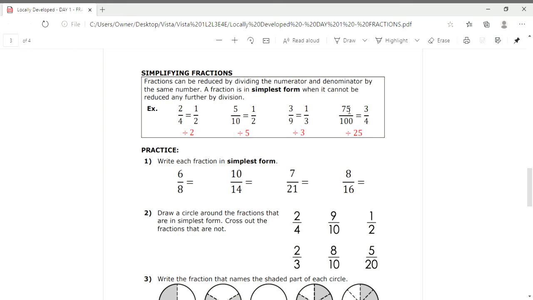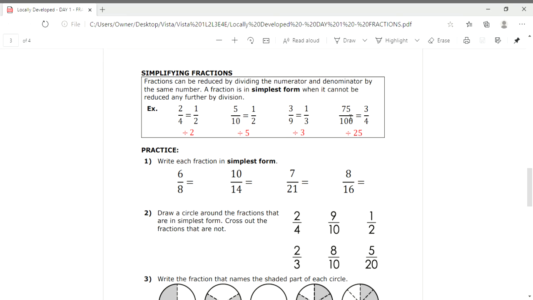And a big final example, 75 over 100. What is a number that goes into or can be divided out of both 75 and 100? 25 is such a number. What happens when we divide 75 and 100 each by 25? 75 divided by 25 is 3, and 100 divided by 25 is 4.